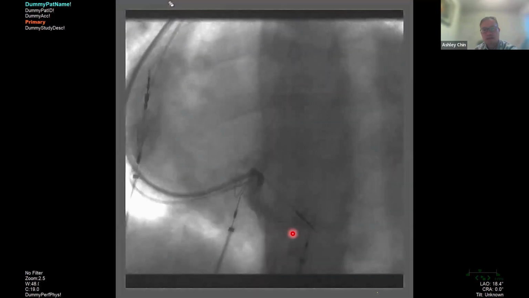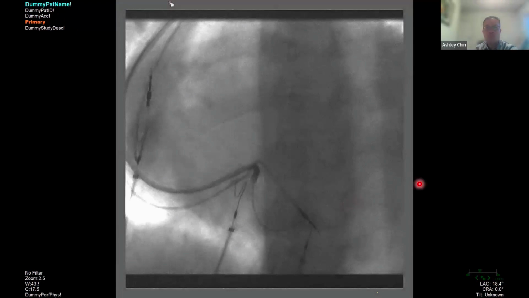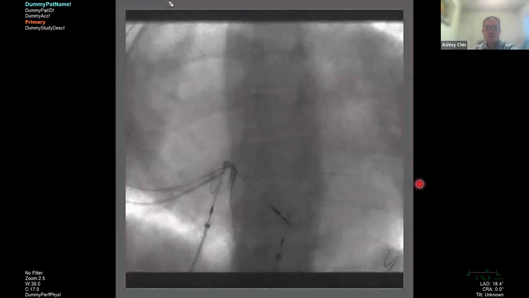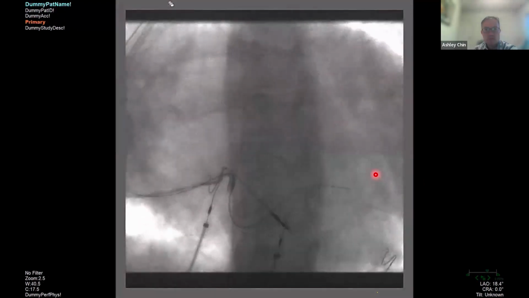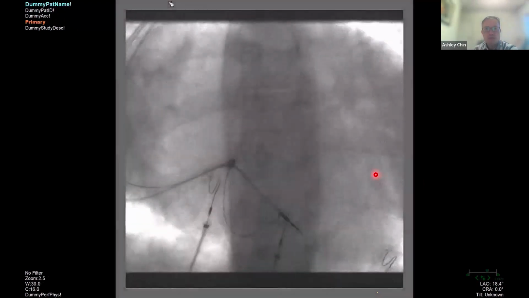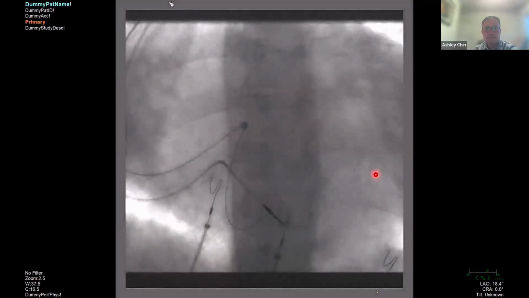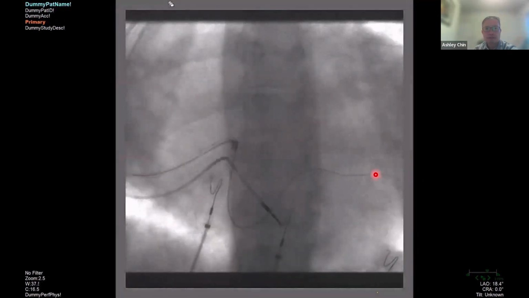There's the coronary sinus here, and it's going to come eventually around there. Then the lead fortuitously went into a posterolateral branch, and there we go, you can see it advancing.